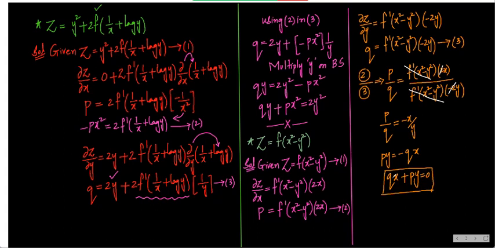Let me take the next page. So now, how will the questions come to eliminate an arbitrary function? Sometimes what happens? The question will be like this: f of u comma v is equal to 0.